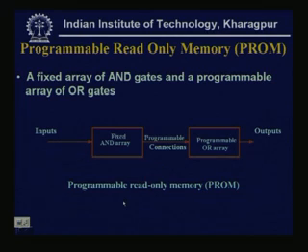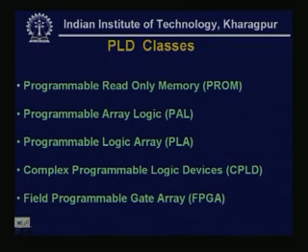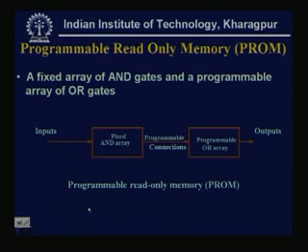First we see the read-only memory type. This is a fixed array of AND gates and a programmable array of OR gates. Whatever the type, normally for the first three, the programmable read-only memory, programmable array logic and programmable logic array, there are two arrays. The first array is called the AND array and the second array is called the OR array.